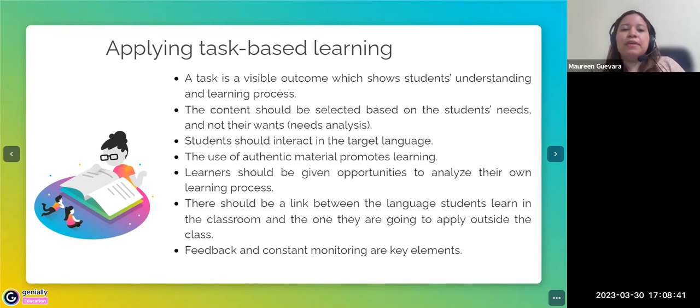Also, they have to be given the opportunity to analyze their own learning process. And that's why I really like the task-based cycle, because in that way, students can really analyze if they are using the language properly. And also we as teachers can really see their progress.